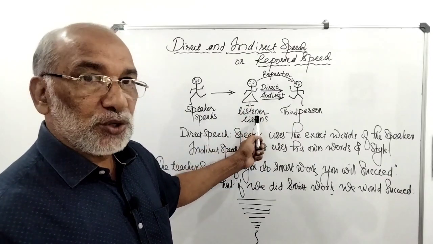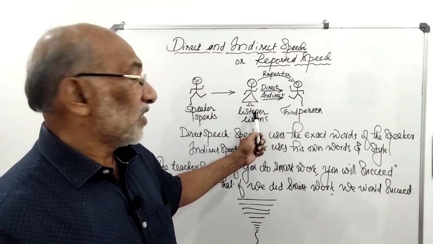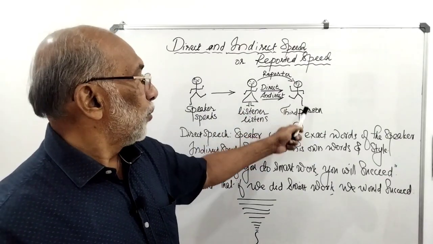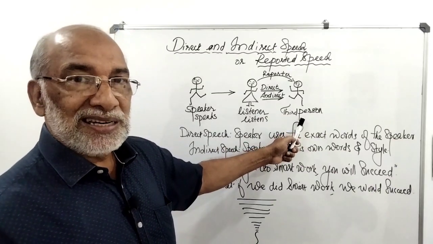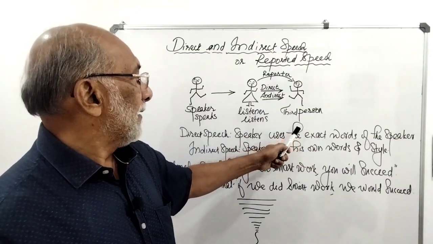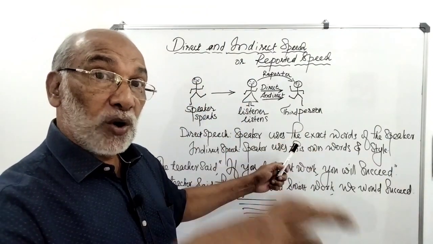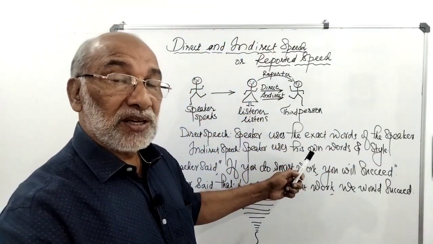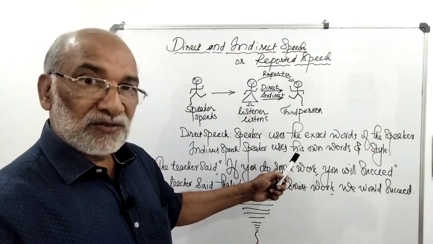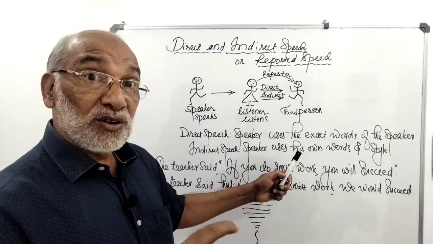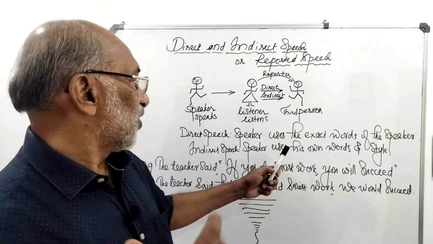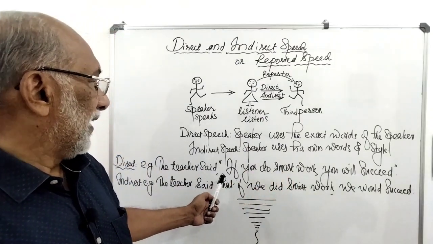Anyway, a particular student of that class reports what the teacher said to another student in a different class. And then she can do it in two ways. One is quoting the exact words of the teacher, and the other one is using her own or his own words and style.